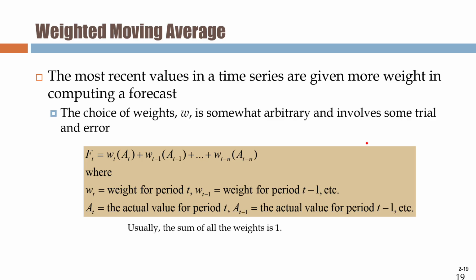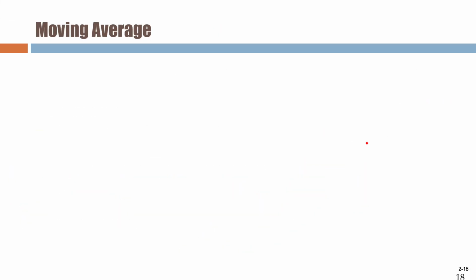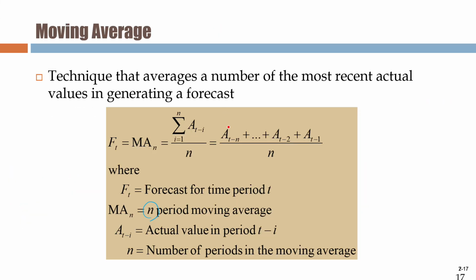Yesterday's stock price versus 30 days ago's price, we treat them as equally important, because we calculate it this way. This is the same and this is the same. So yesterday's data versus the 30-days-ago data is treated as the same number.